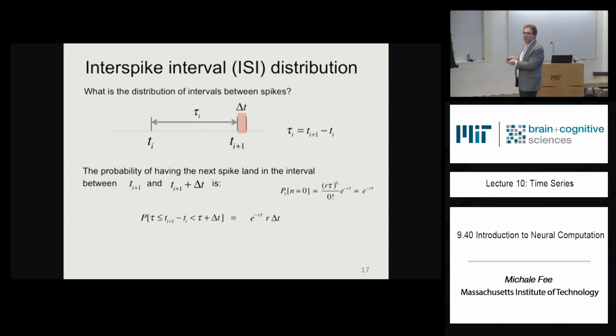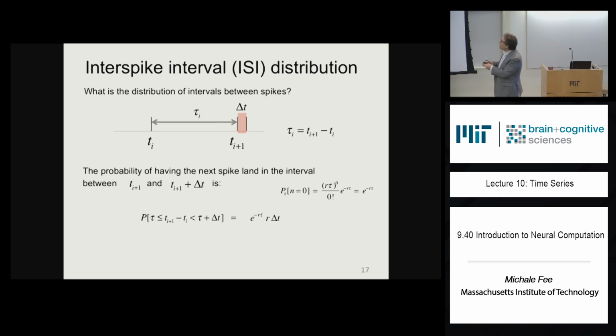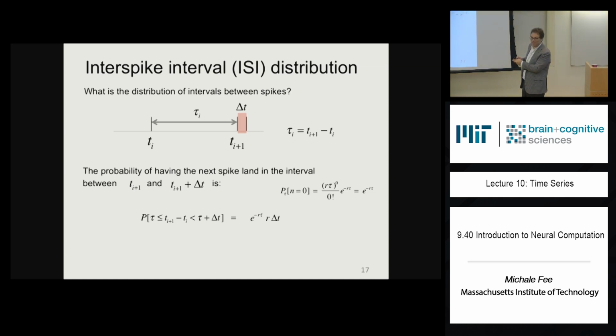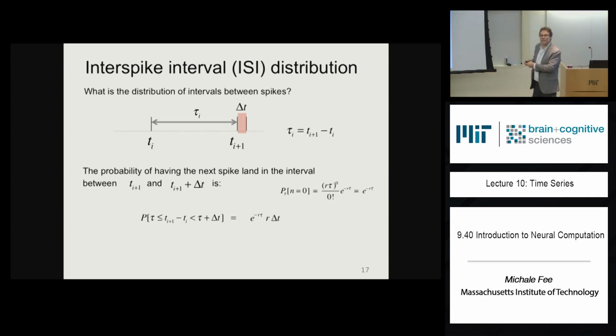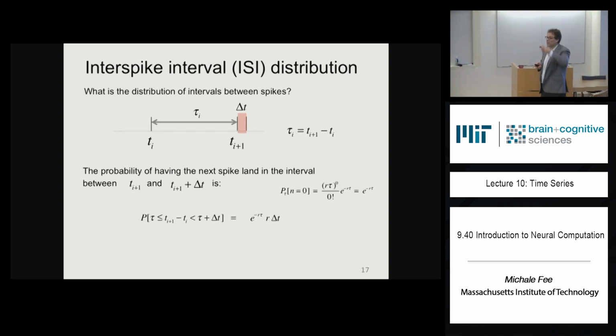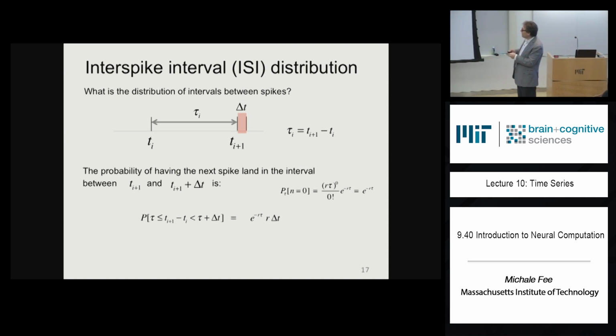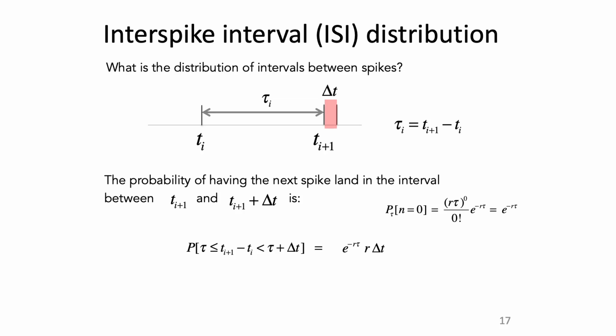Right? Because if there had been another spike in here somewhere, this would not be our interspike interval. The interspike interval would be between here and wherever that spike occurred. And we'd just be back to calculating what's the probability of having no spike between there and there. Okay, good.